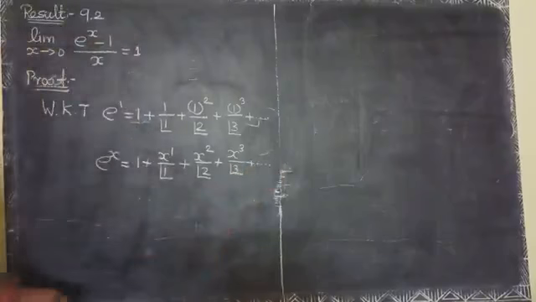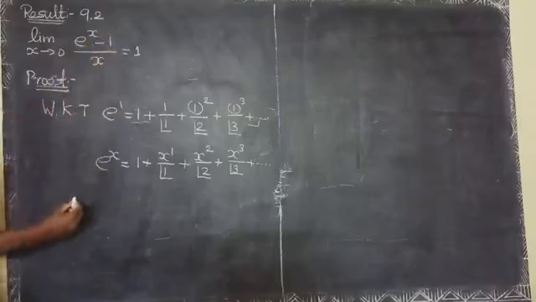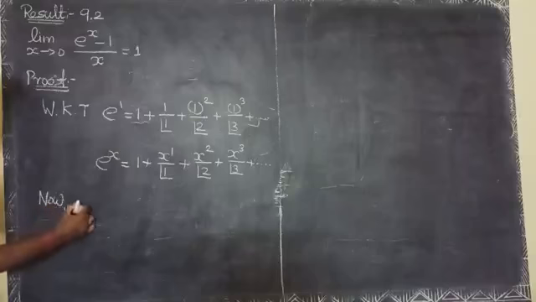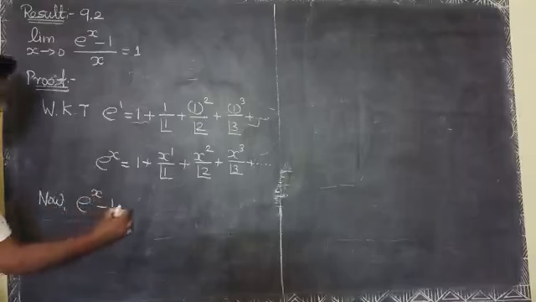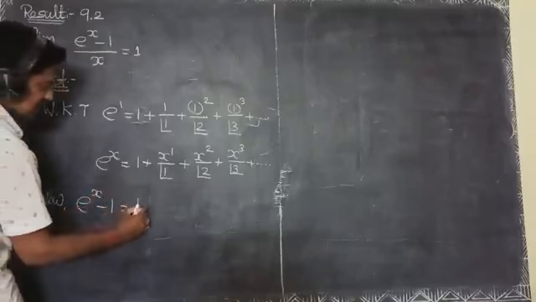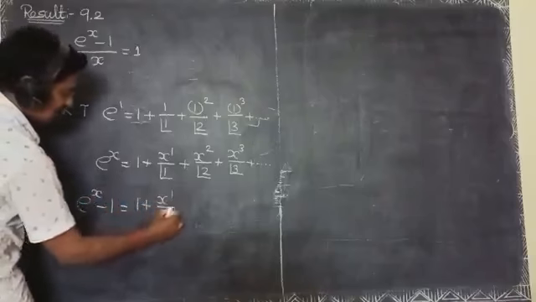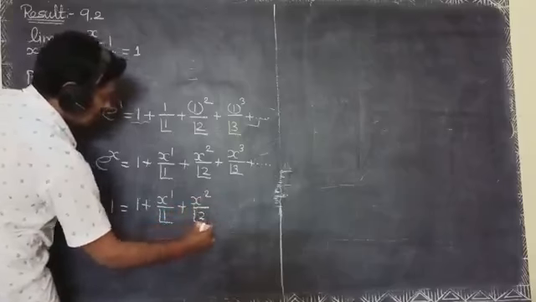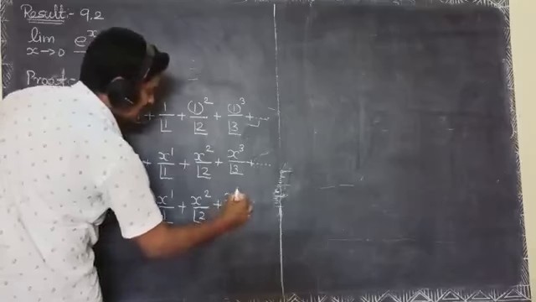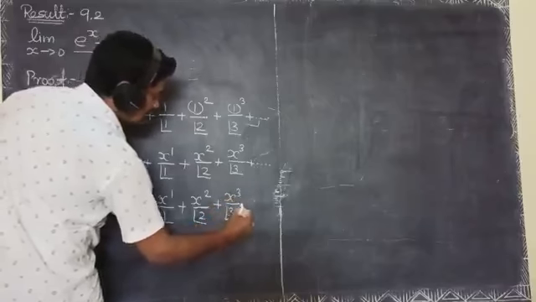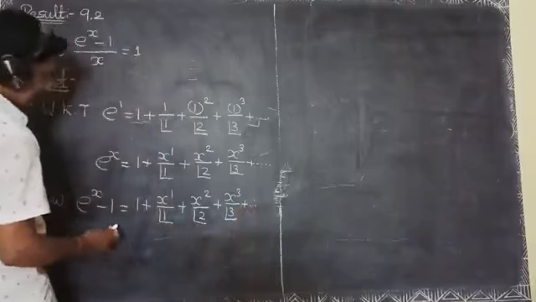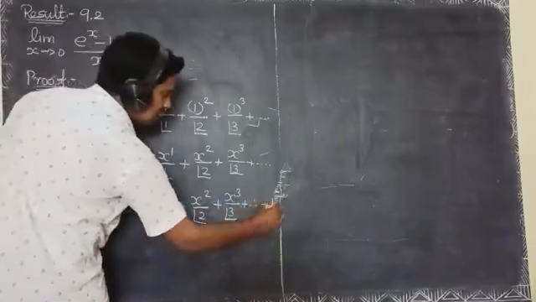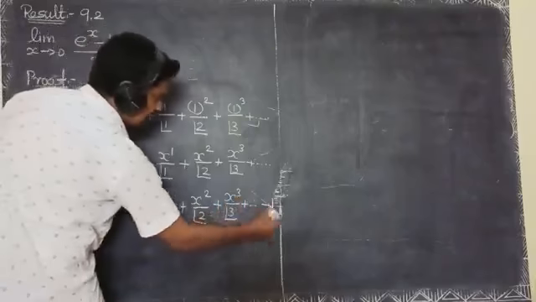Here, for e^x minus 1, we take e^x as 1 plus x divided by 1 factorial plus x^2 divided by 2 factorial plus x^3 divided by 3 factorial plus and so on. Finally, subtract 1, so the plus 1 and minus 1 cancel.